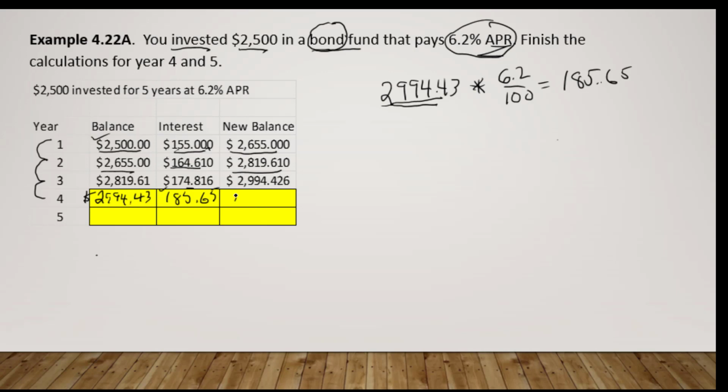And I'm going to have $3,180.08. So that's how much I have at the end of 4 years. Now what goes here at the beginning of the 5th year? And you should answer, well, it's the same as the end of the 4th year.